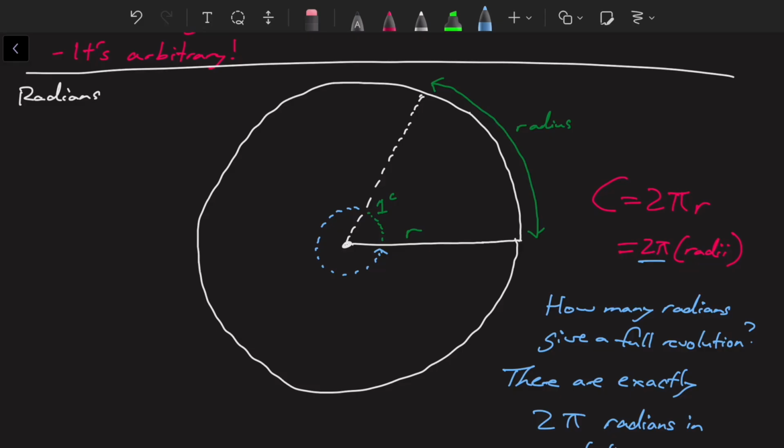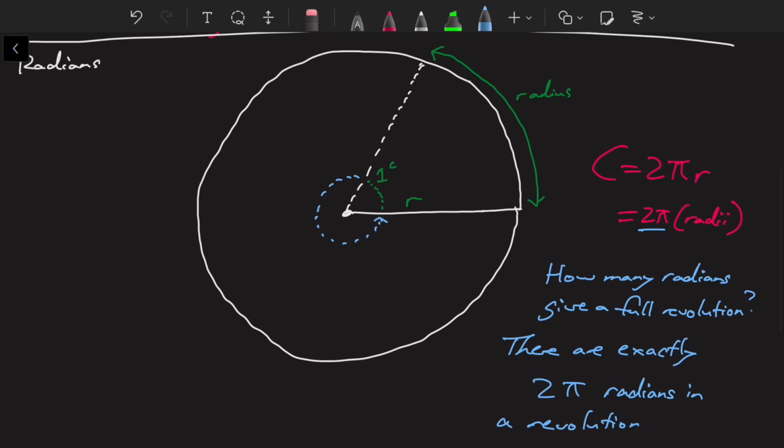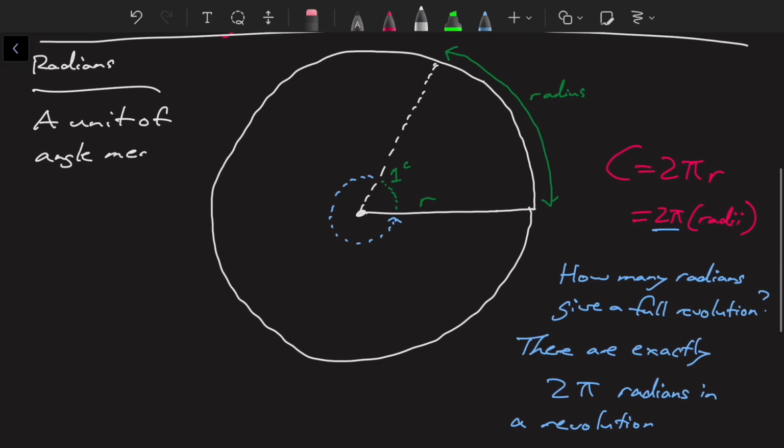How awesome is that? I think it's pretty awesome. So we've defined a new unit of measurement. We need to remember this. I'll write it over here. Radians are a unit of angle measurement, in the same way that degrees are, except we don't use them to measure water or milk. Okay?